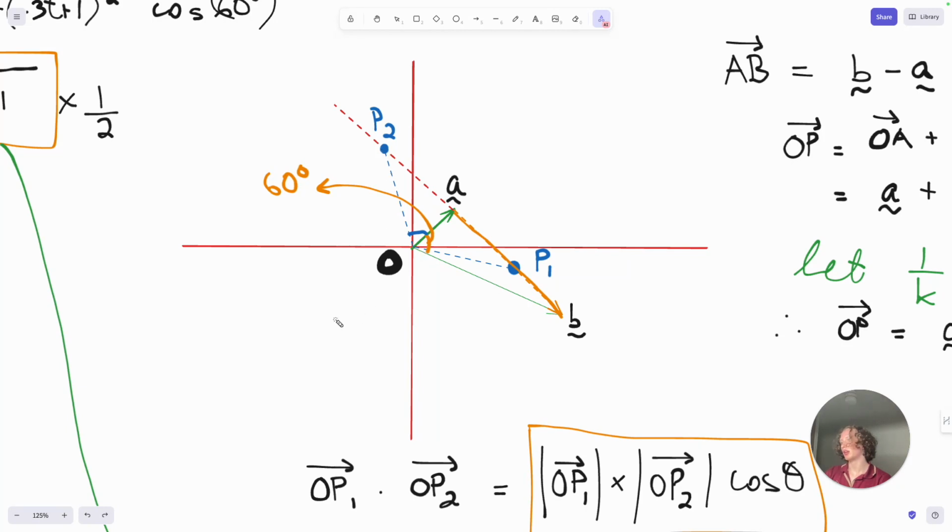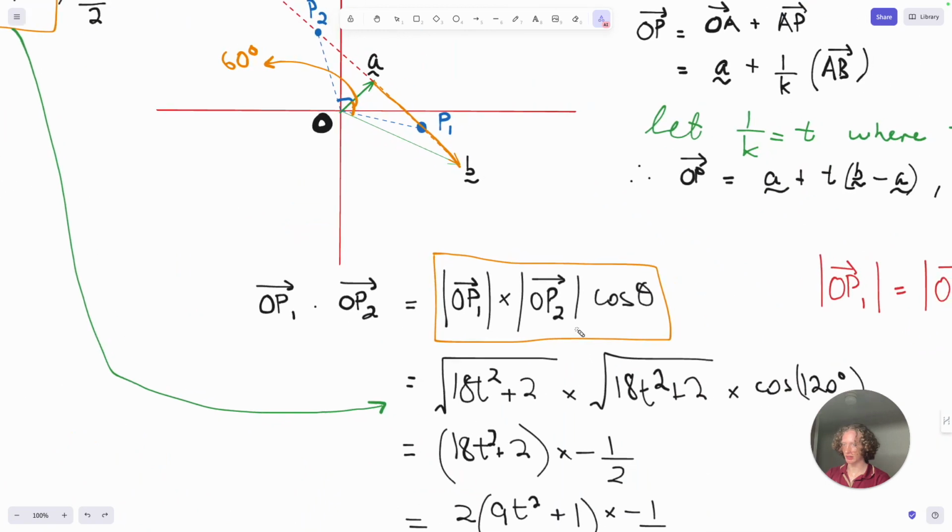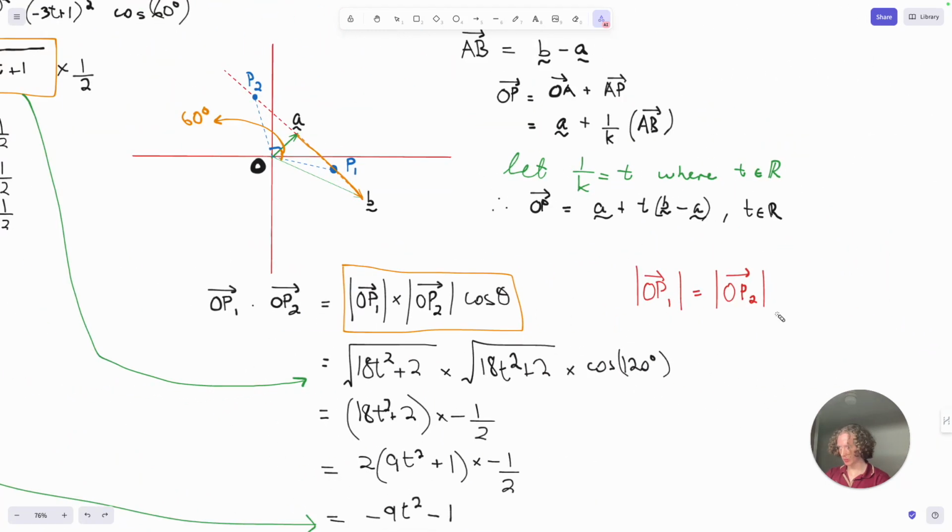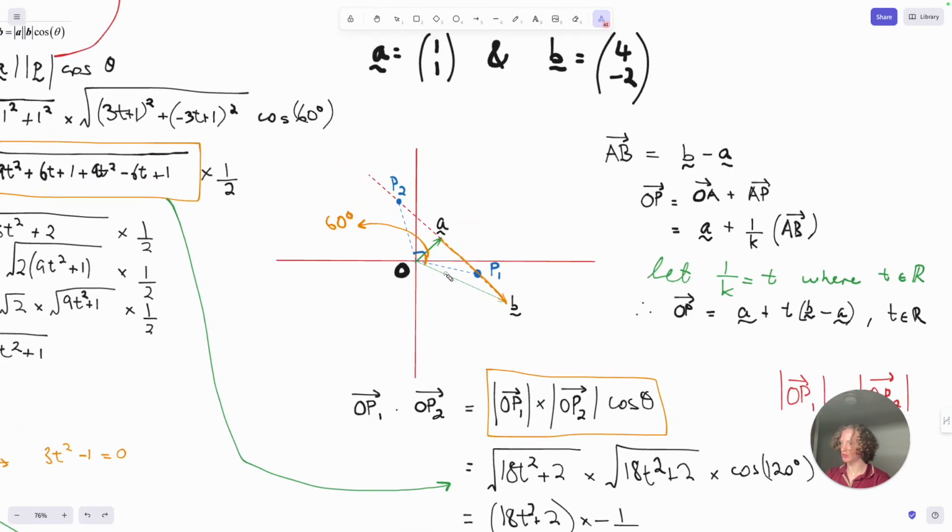But if we think about that, if they're both on this line and they're both 60 degrees from A and they're equidistant from A, they're actually both going to have the same magnitude. So we can say that magnitude OP1 equals magnitude OP2. And we can just visualize this as well. Even though this diagram isn't perfect, they look like they have the same magnitude.